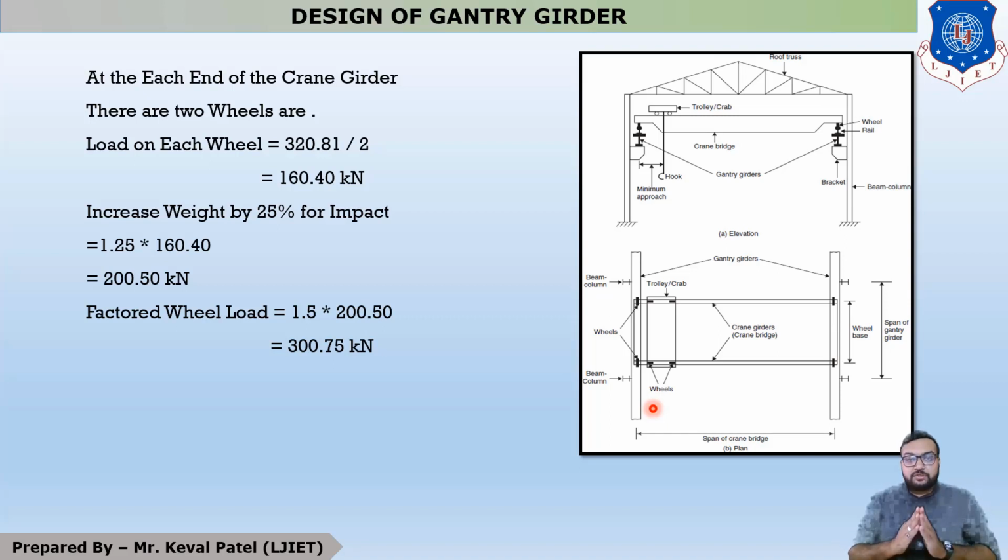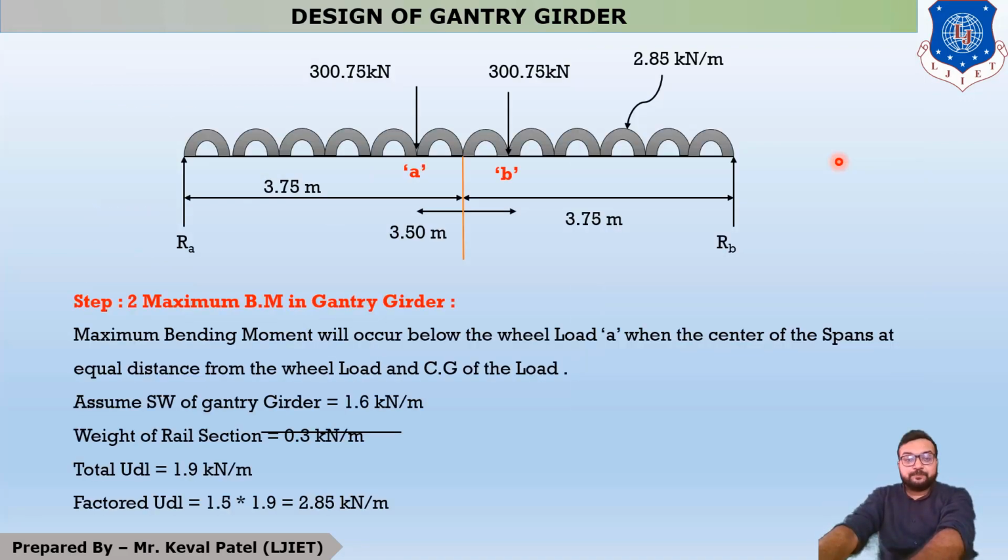Okay, so now let us start. It is assumed that our crane girder is stopping at the left support, just like this. You can see that this is your RA and this is your RB.